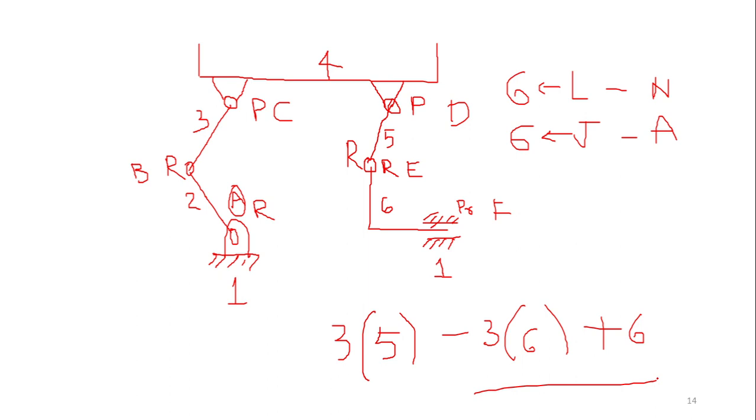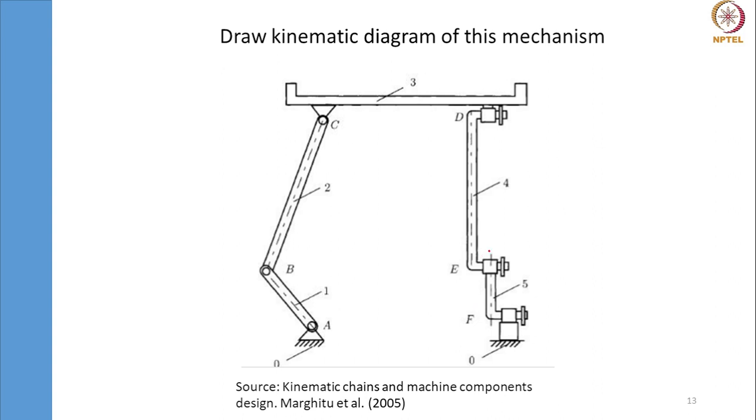Any questions here? Is everyone comfortable in drawing a kinematic diagram for this mechanism? In fact, the textbook already had mentioned the number of links by the numbers too, but it's an exercise for us.